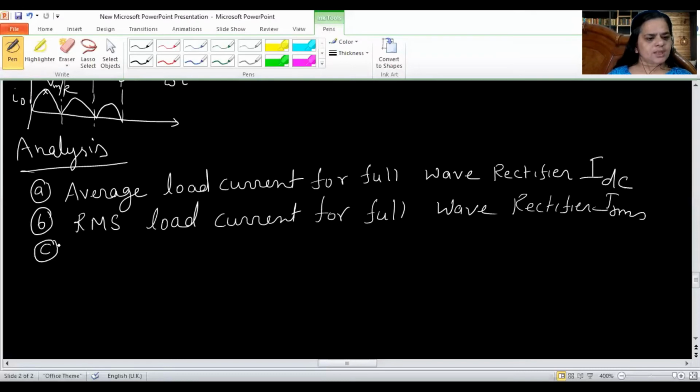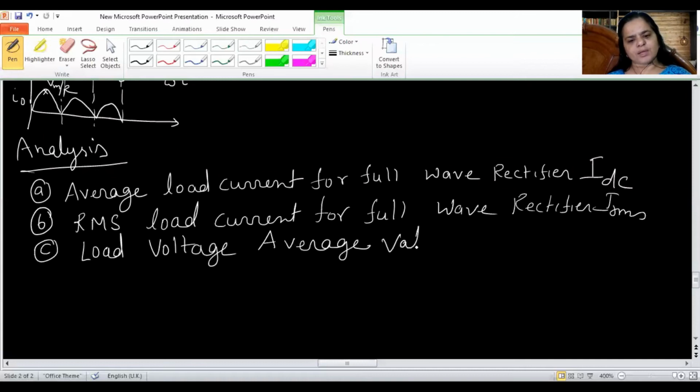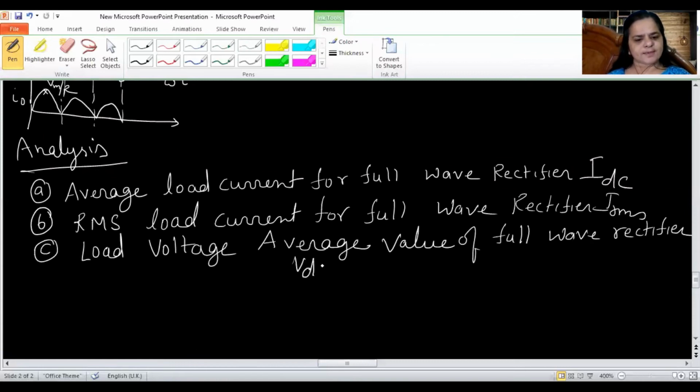The third thing that we are interested in is the average load voltage of the full wave rectifier, that is VDC.